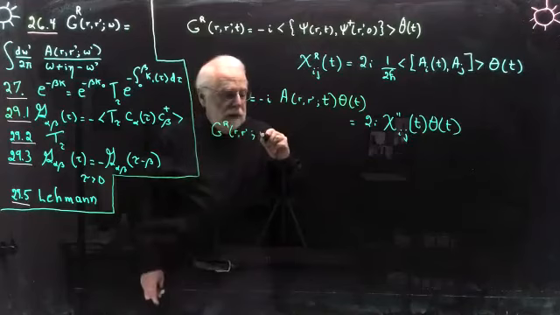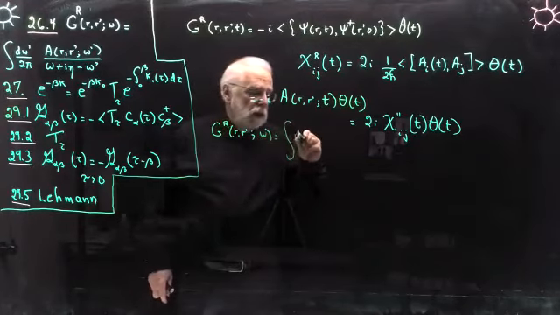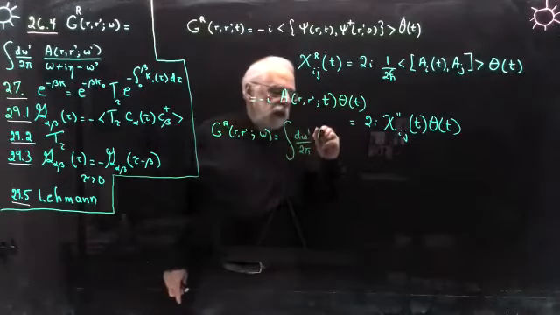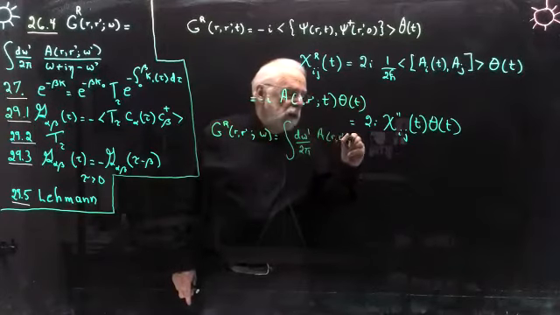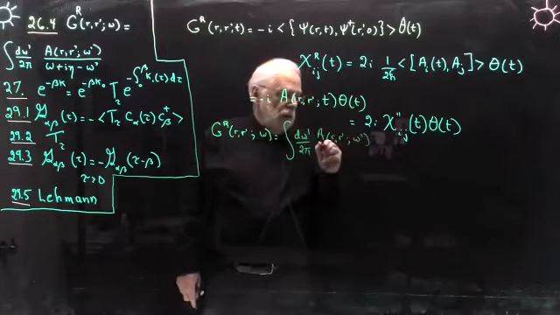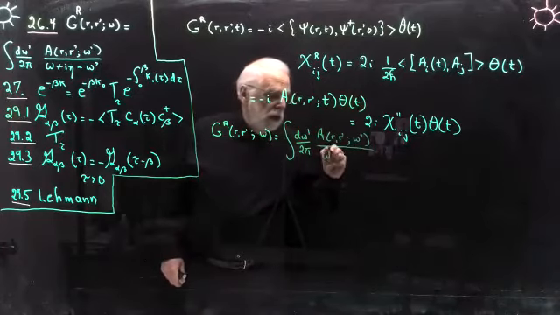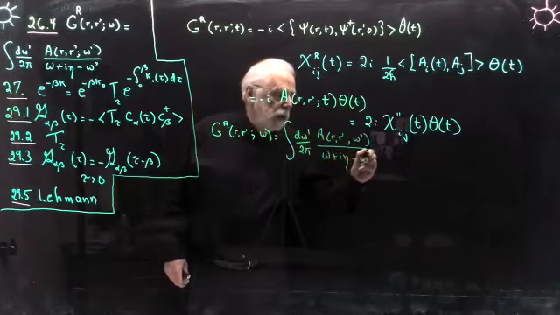Of omega is equal to the integral d omega prime over 2 pi of A of R prime, omega prime, divided by omega plus i eta minus omega prime.